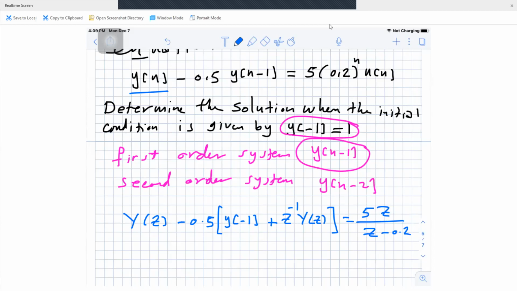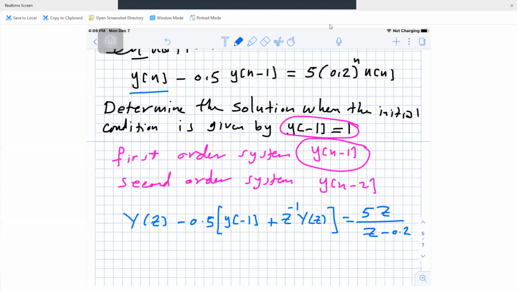For y of n minus 1, we have to take into account the initial conditions. So it will be y of minus 1 plus z to minus 1 Y of z, and equals 5 by 0.2 to power n u of n, which will be 5z over z minus 0.2. This is the first step.